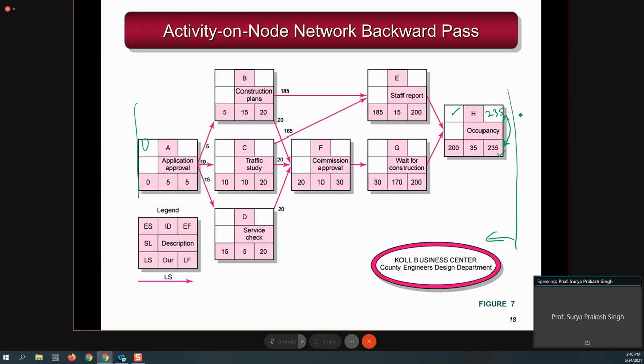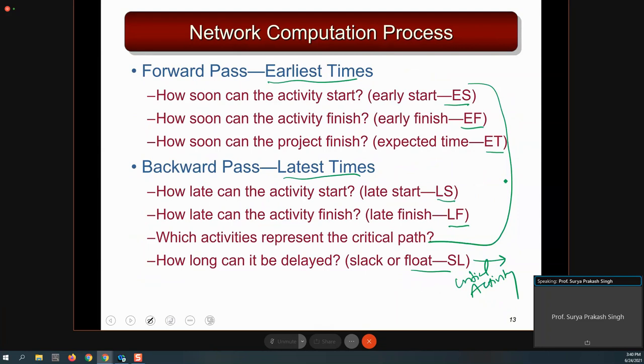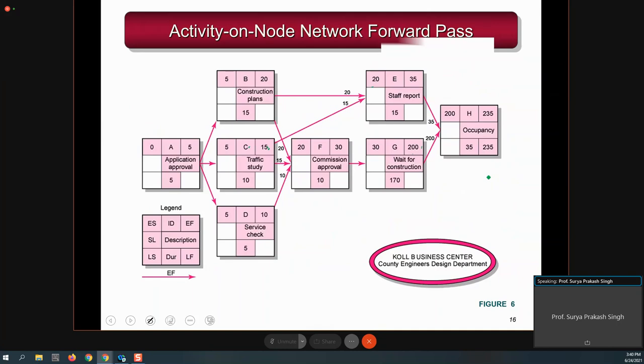Once we have taken the reference 235, this will become the latest finish time. The backward method will give you the latest finish and latest start. If you go back to the previous slide where I have written the backward and the forward, in the backward pass you get latest start and latest finish.